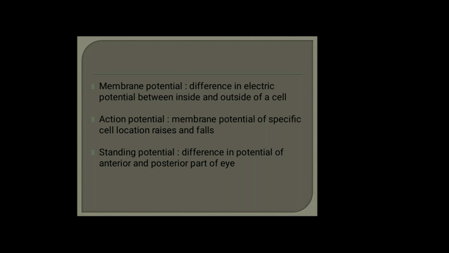When you see any electrophysiological test or graph, the potential change in that graphical representation is the action potential. So we have to measure the action potential. Otherwise, if a patient is in a dark room, it is not possible to see the action potential, because the eye is in the resting potential.